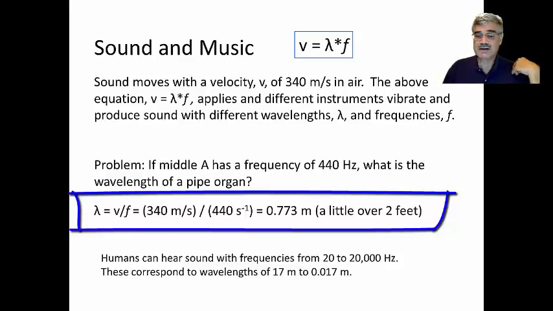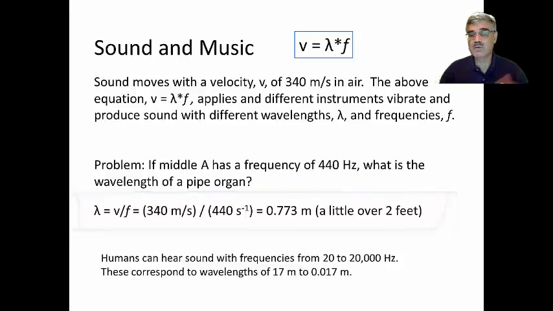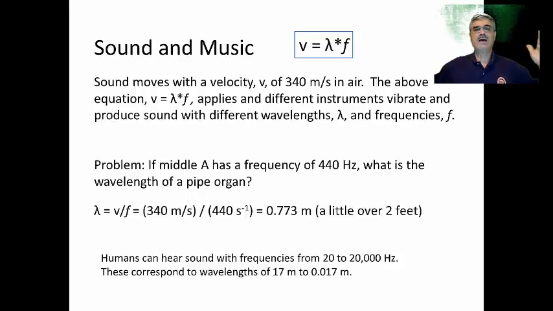If we just plug this into our calculator, we get 0.773 meters as the wavelength. Now that's a little over 2 feet, maybe about like that. That would then be the wavelength of a sound wave corresponding to 440 hertz. And our ears can sense compression waves in the air that have a wavelength of about 2 feet.